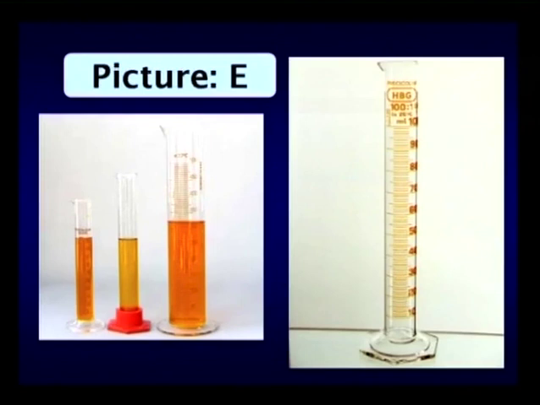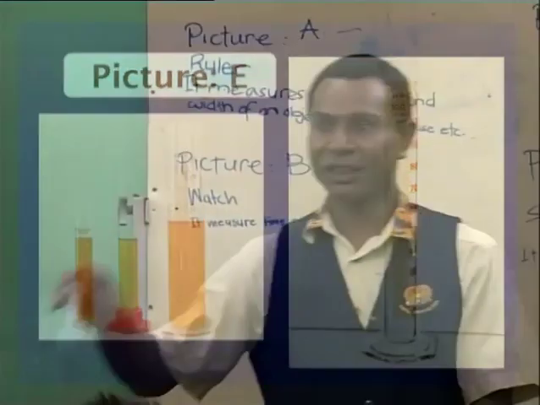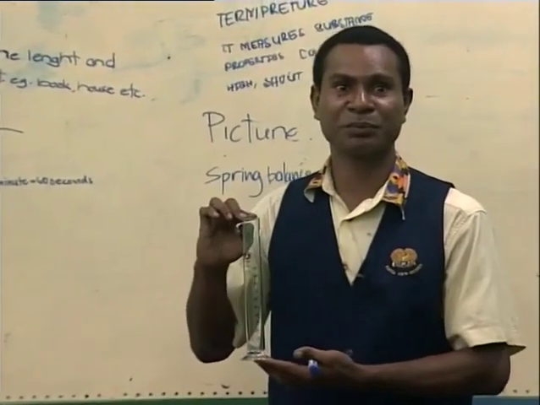Anyone? Okay, Michaeline, we help Michaeline to help Kalan. Picture E here, if you remember. This is picture E. This is the real object. So what is picture E?